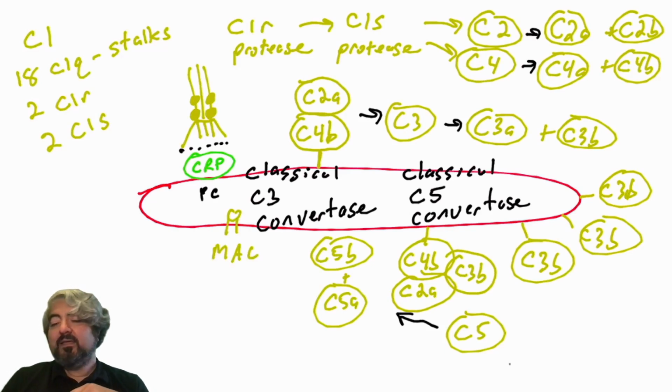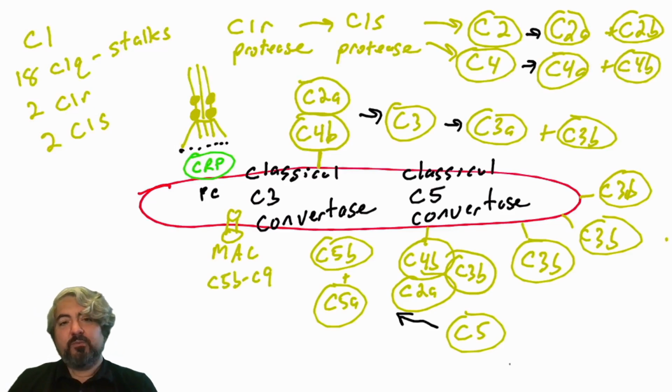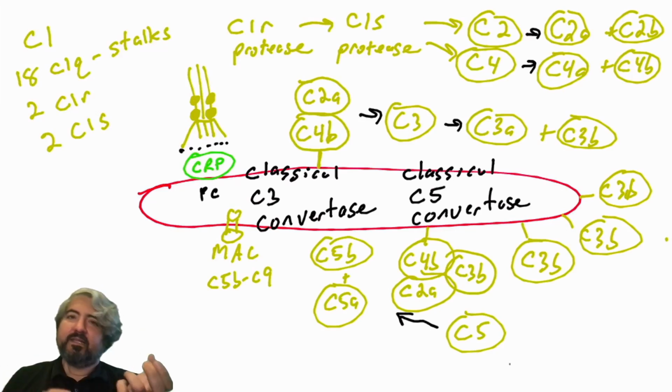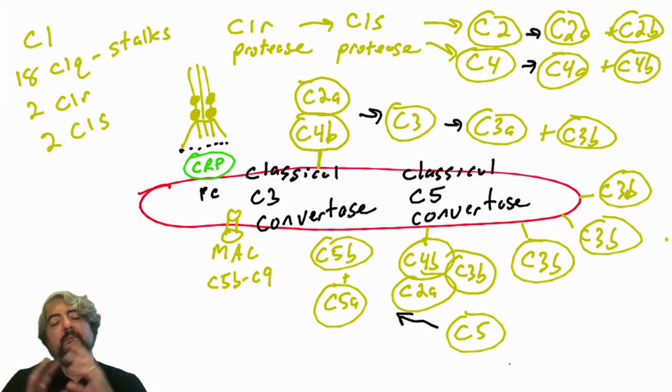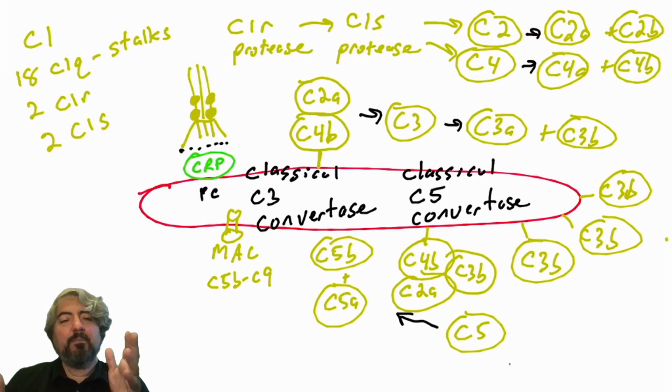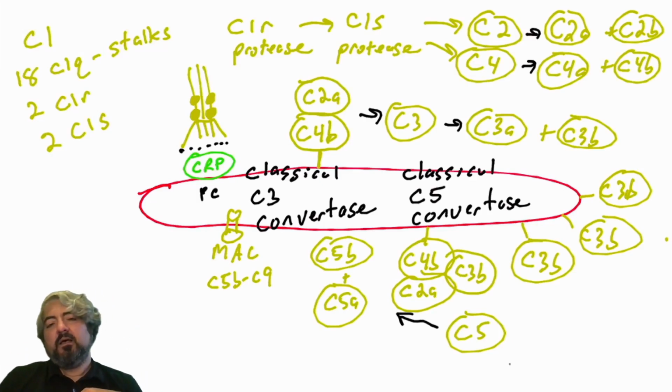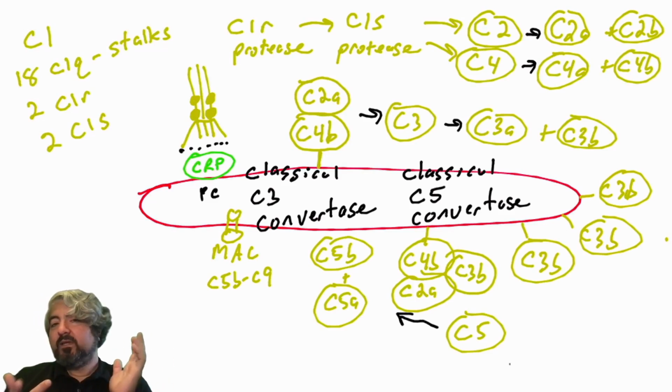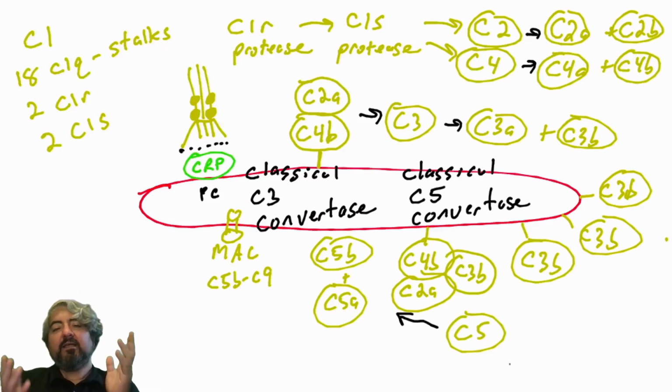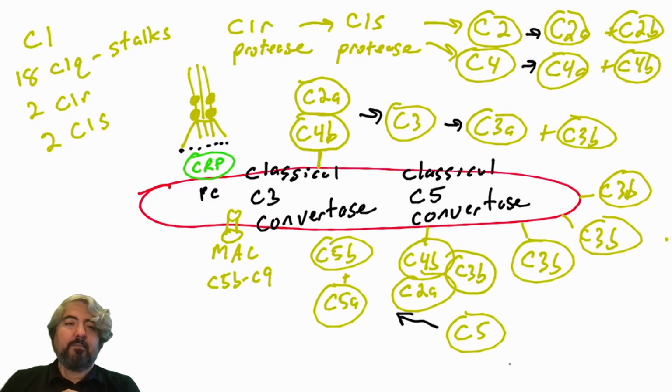C5b will begin the formation of the membrane attack complex, joining with C6, C7, C8, and a bunch of C9s, embedding into the plasma membrane of the pathogen, poking a hole in it, and lysing it. And then C5a, we know, is an anaphylatoxin that helps induce inflammation. So this is the activation of complement via the classical pathway.